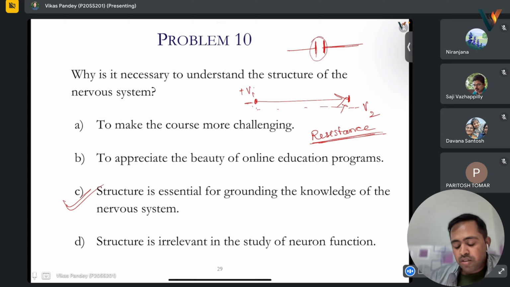If a current is going into it, we are talking about DC current, let's not complicate it with AC. It will try to store charge and get charged. So the current going through it will not be allowed to move easily. It will just tend to get itself charged and remain there.